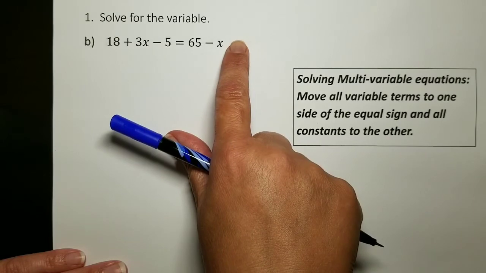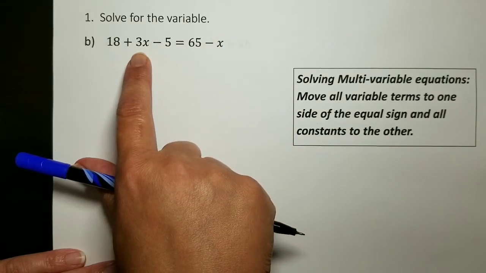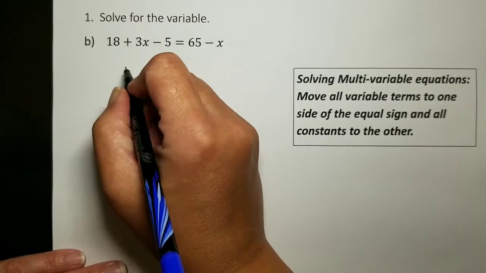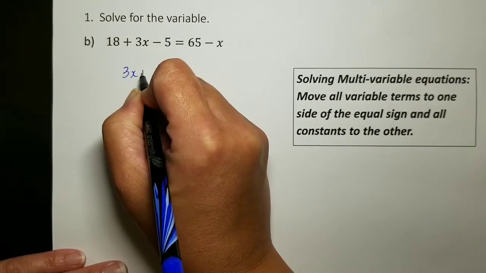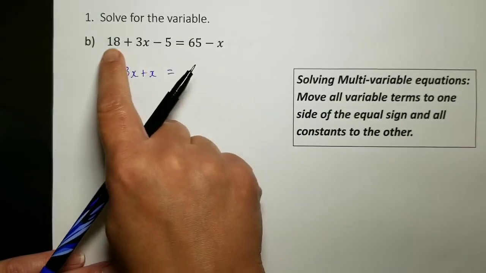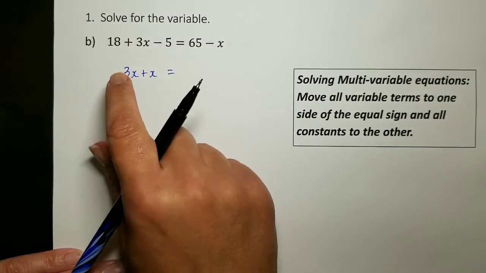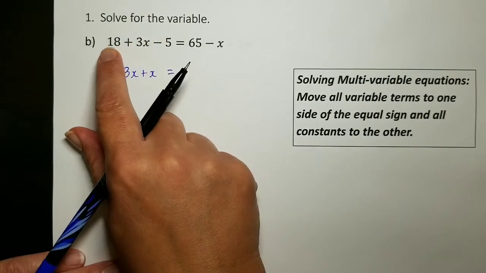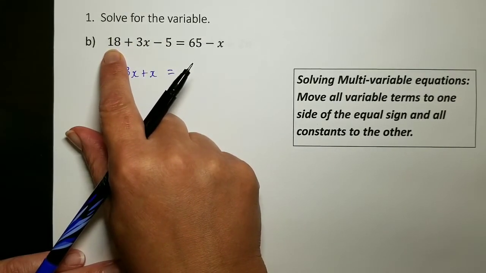I'm not going to write it out over here. I am going to write it out where it ends up when I do the plus x on the other side. So I have 3x plus x. And I know I want to, quote unquote, get rid of 18 and minus 5. I have to do opposite operations. To get rid of a positive 18, I have to subtract 18.